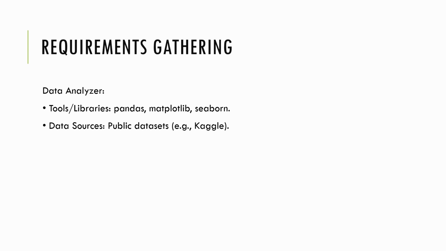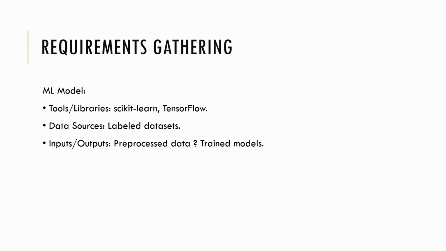The datasets can be sourced from public repositories like Kaggle or UCI. For the ML model, we will use libraries like scikit-learn or TensorFlow. The data sources will be labeled datasets, which will be pre-processed before training the model. We will define inputs and outputs clearly to ensure smooth execution.